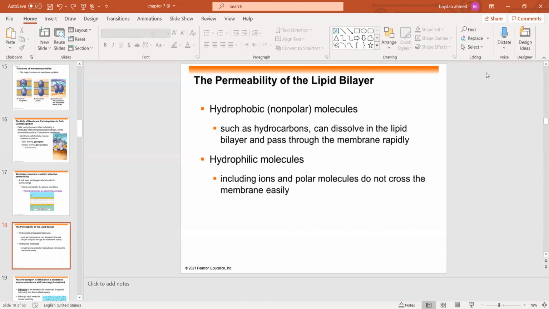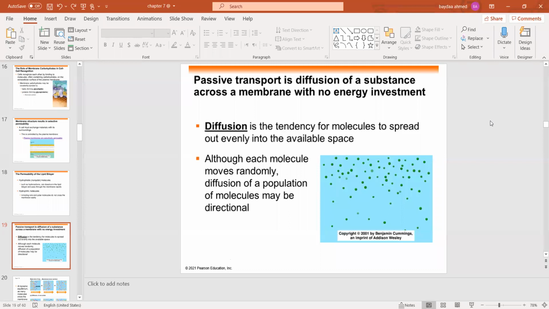The lipid bilayer is only one aspect of the gatekeeper system responsible for cells' selective permeability. Proteins built into the membrane play key roles in regulating transport. Molecules have a type of energy we call kinetic energy, if you remember, and they have thermal energy due to their constant motion.